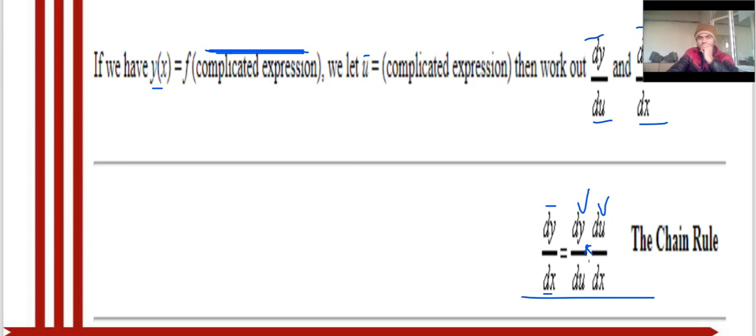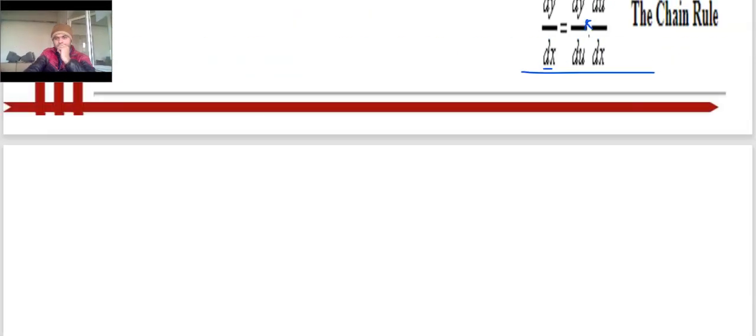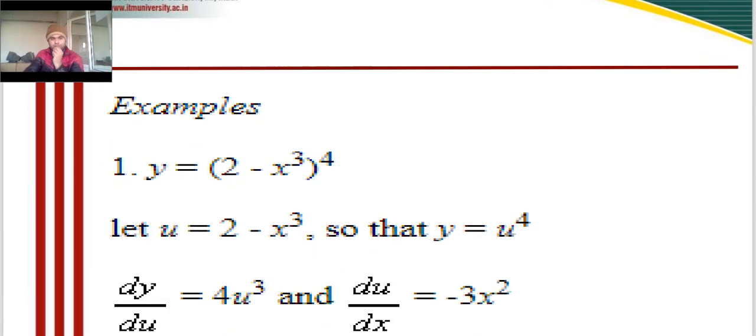Let us see some examples on the chain rule. Suppose we are given y is equal to (2 minus x to the power 3) to the power 4. In this case we assume 2 minus x to the power 3 as u.